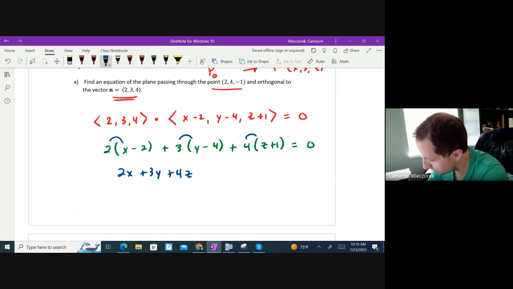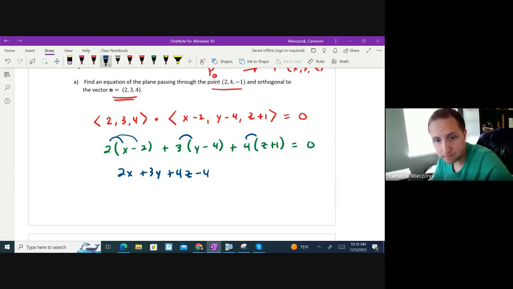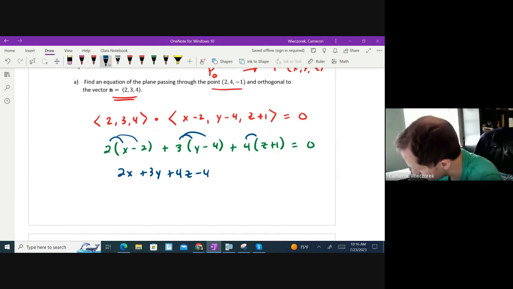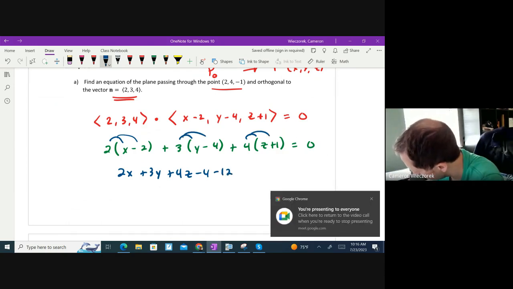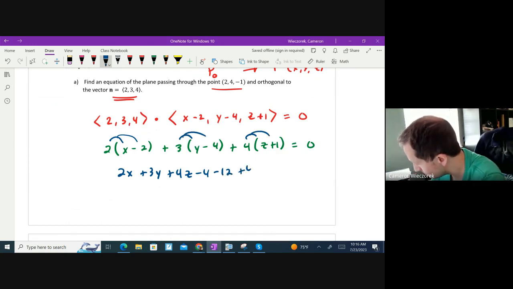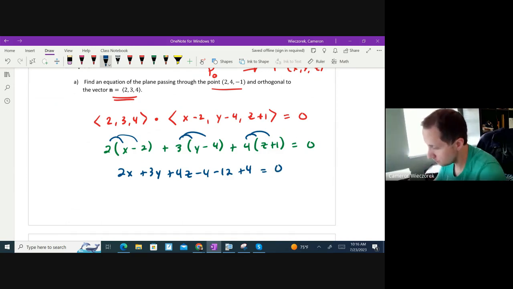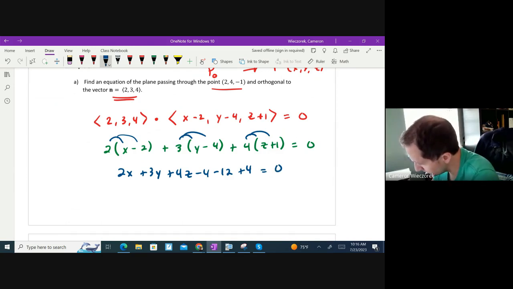We end up with minus 4 minus 12 plus 4 equals 0. And collecting like terms here, what do we get? We get 2x plus 3y plus 4z. If you leave the constant on the left side, what do we end up with? Negative 4 plus 4 cancels out. So we end up with minus 12 equals 0.